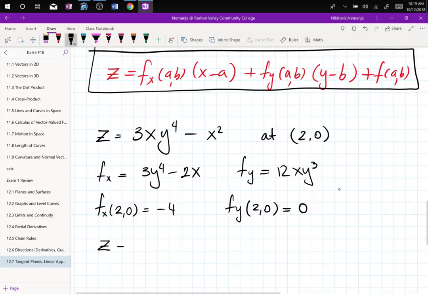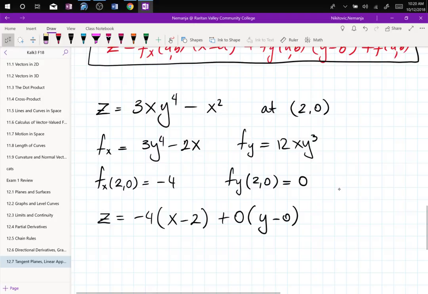So z is equal to fx at a, b, which is negative 4, times x minus a, so x minus 2, and then plus 0 times y minus 0. And then we have plus f computed at 2, 0. So when I plug in 2 for x and 0 for y, that dies, so negative 4 as well. So negative 4.